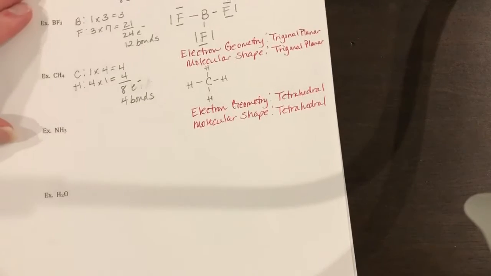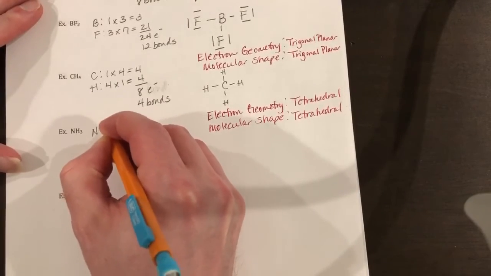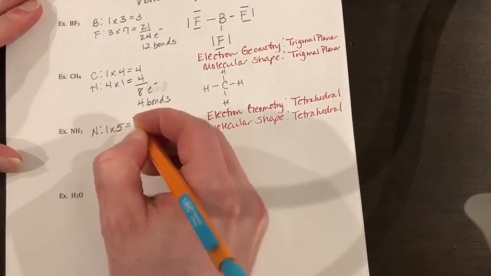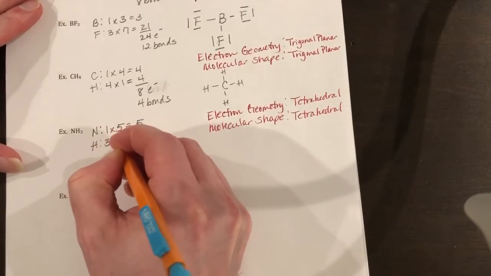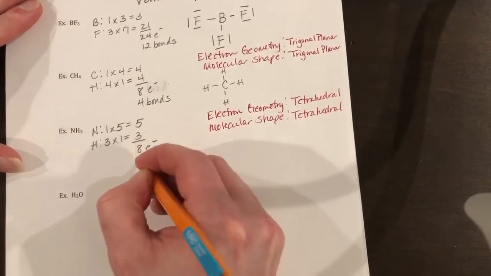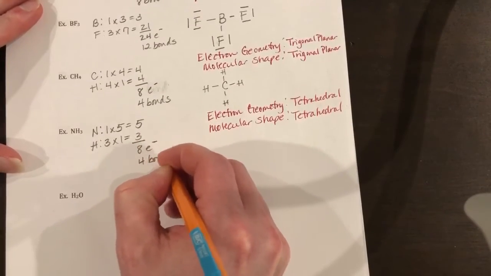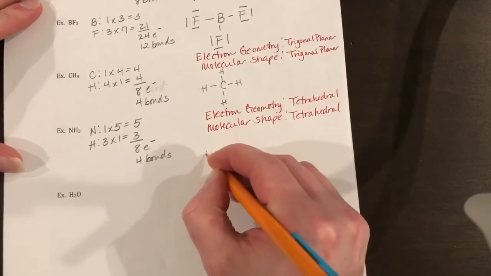Okay? NH3. So nitrogen. You have 1 nitrogen. It's in group 5. So it has 5 electrons. Hydrogen. You got 3 and it's in group 1. So we add up 8 electrons. So we get 4 bonds. Okay, so nitrogen is going to be our central atom.